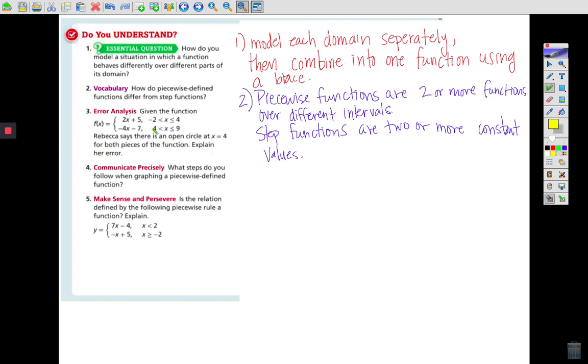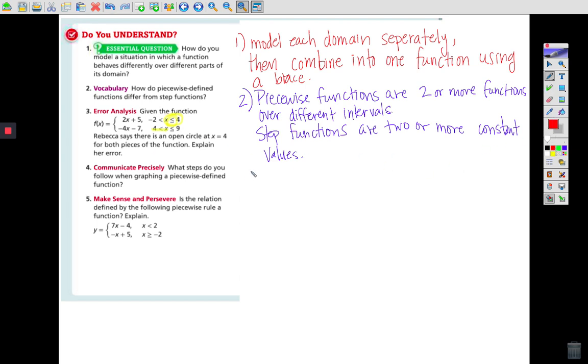Explain her error. Well, look, right here I could see where she would think that it was an open circle because there's not a line underneath it, right? What about right here? What kind of circle is that telling us? What does that symbol right there tell us? It should be a what type of circle? Closed circle.